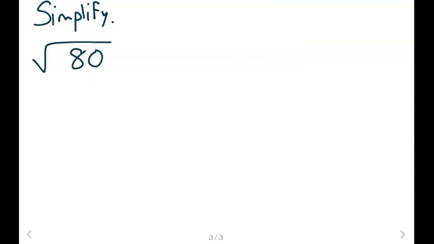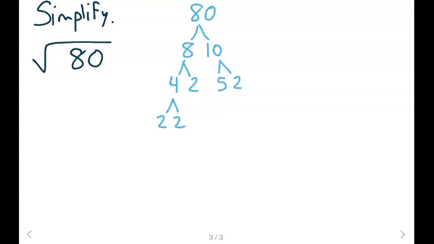Let's look at this one, 80, and let's look at the factor tree there. I would probably think of 8 and 10. For 8, 4 and 2. For 4, 2 and 2. And then for the 10 over here, 5 and 2. So we have 1, 2, 3, 4 factors of 2.